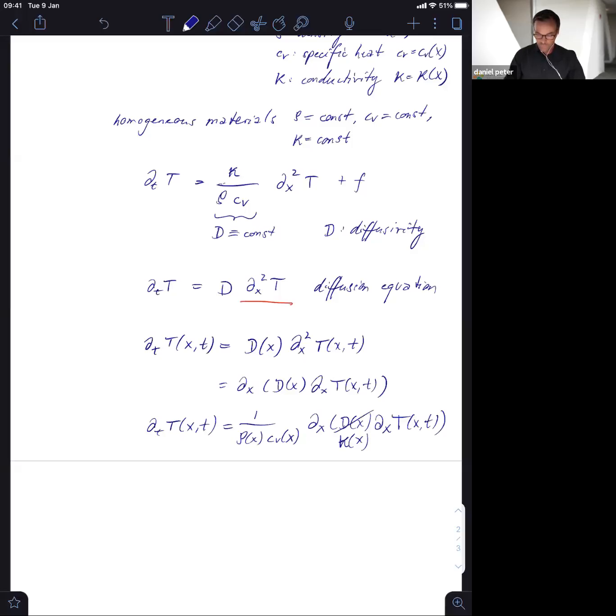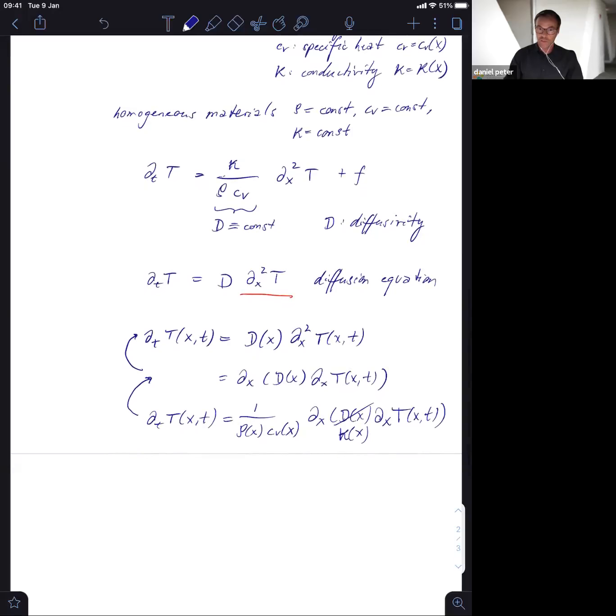So there are some simplifications if you go from here to here to here. But if the material is homogeneous, then this is fine. Then that's the same. So if we have homogeneous material, the equation is exact, but not if it's an inhomogeneous material. Do you see that? See the point?